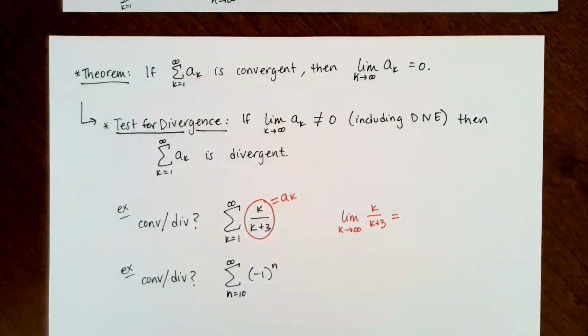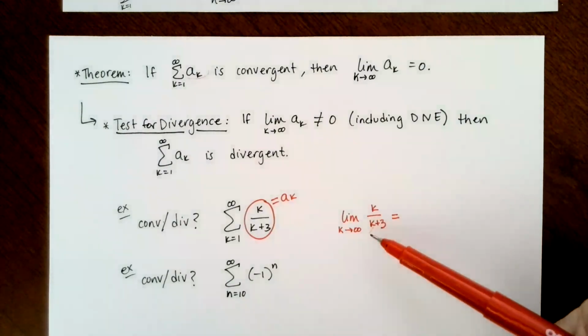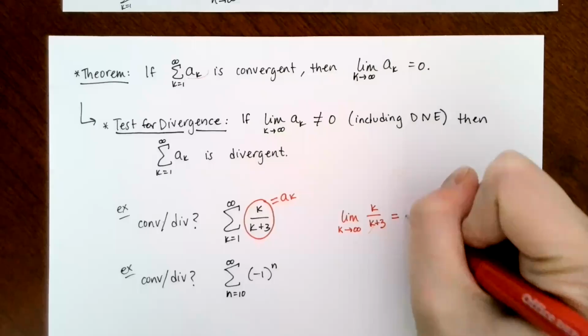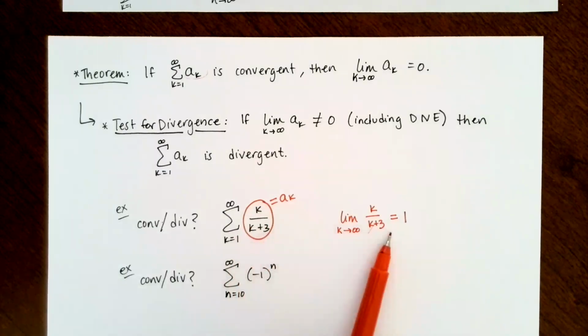Again, you have a couple of different options for computing this. You can do the shortcut k over k, you could divide top and bottom by k, or you could do L'Hopital's rule, but all of those paths should be doable. So this tells me if I had made just a sequence out of these and listed the numbers in order, I would say, yes, this is a convergent sequence.